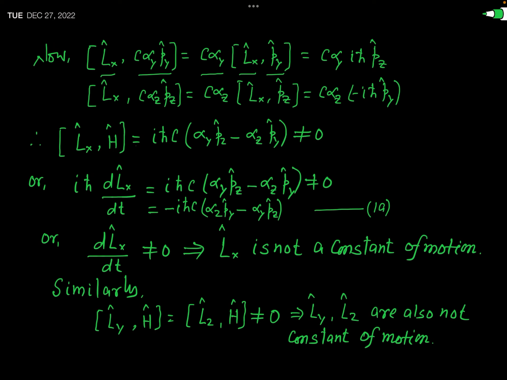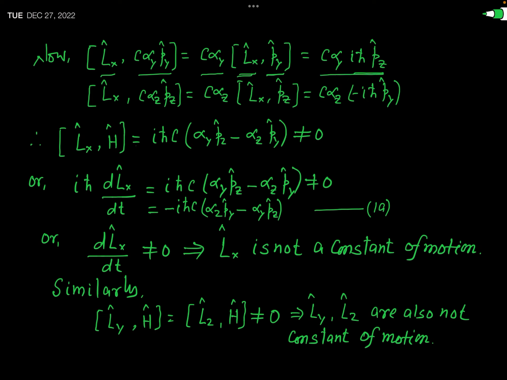There you will find the different commutation relations of the orbital angular momentum operators, and there we find that the commutator of Lx hat and py hat is simply equal to i h bar pz. So it will be equal to c alpha y i h bar pz.